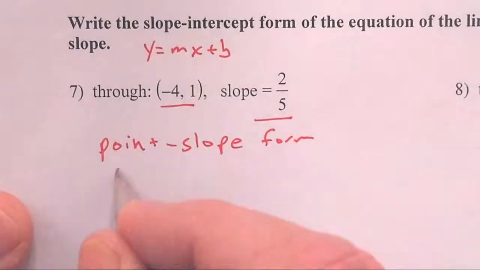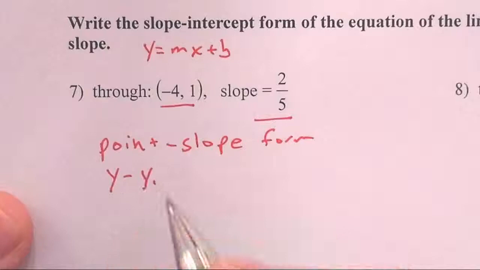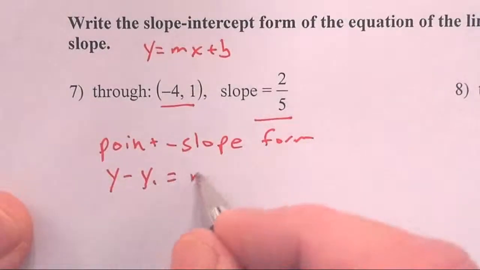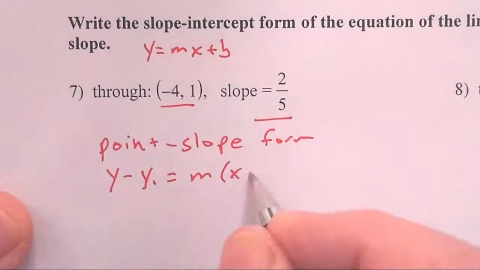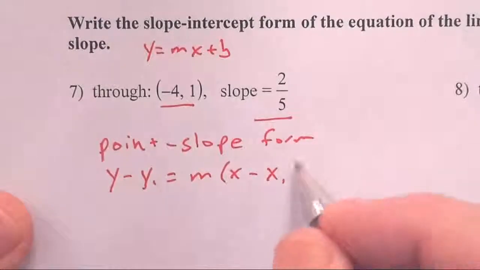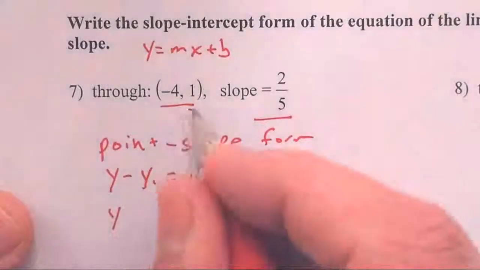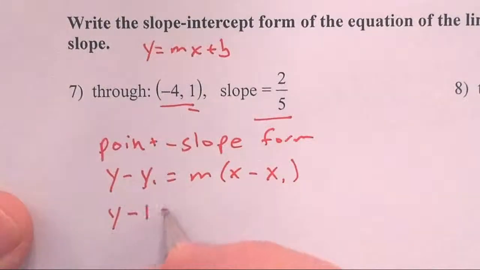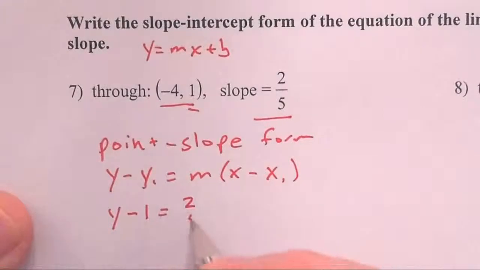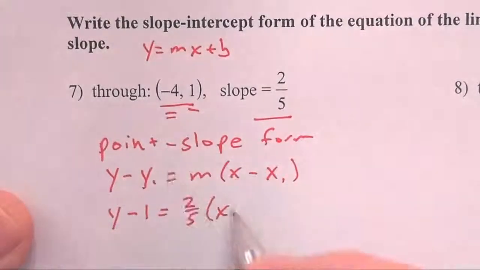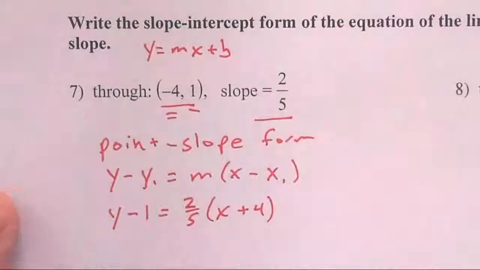And point slope form is y minus a y coordinate on the line equals slope times x minus an x coordinate on the line. So I can start out with y minus the y coordinate equals our slope 2/5 times x minus our x coordinate, minus -4, plus 4.